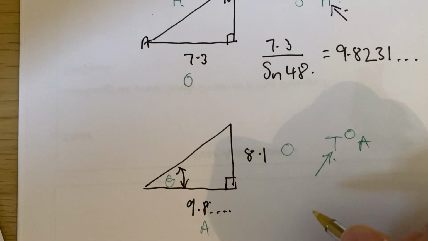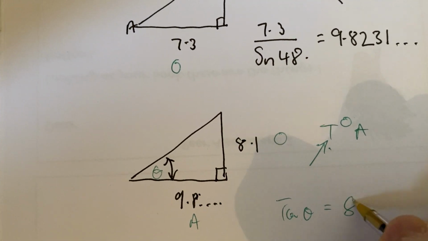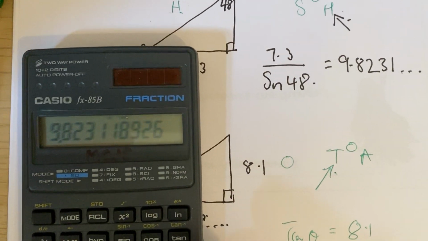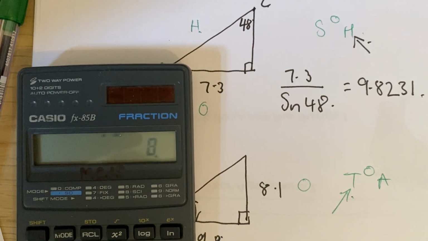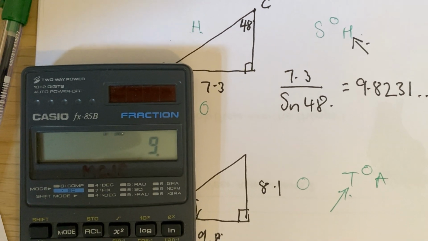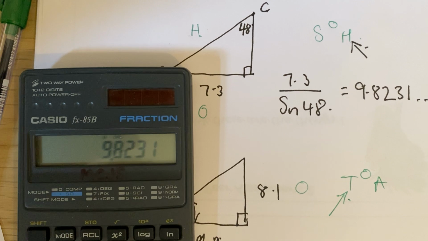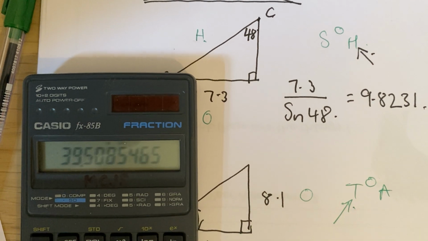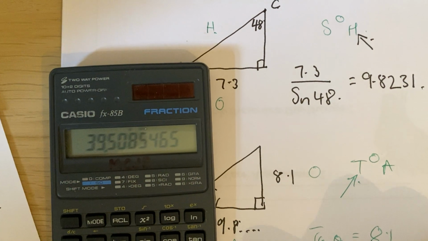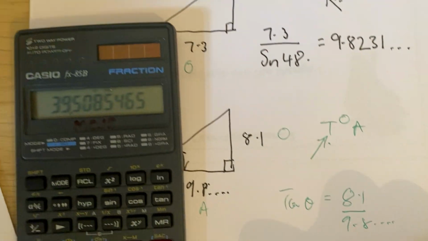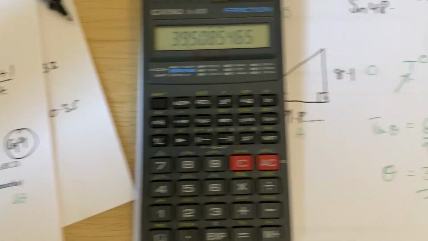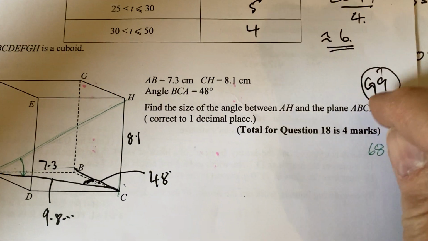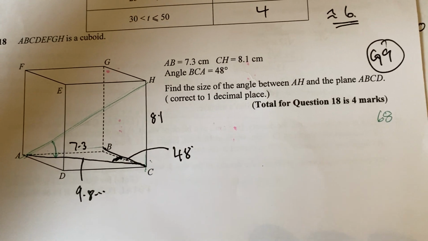So tan theta equals 8.1 over 9.8... So let's just do this. Again, we don't trust this calculator. 8.1 divided by 9.8231 equals, and I want the inverse tan of that, shift tan of that, 39.5 degrees. And that's how you do that one there. So that gives you up to now grade 9. If you've got everything right, you've got grade 9. Everything else is bonus points.